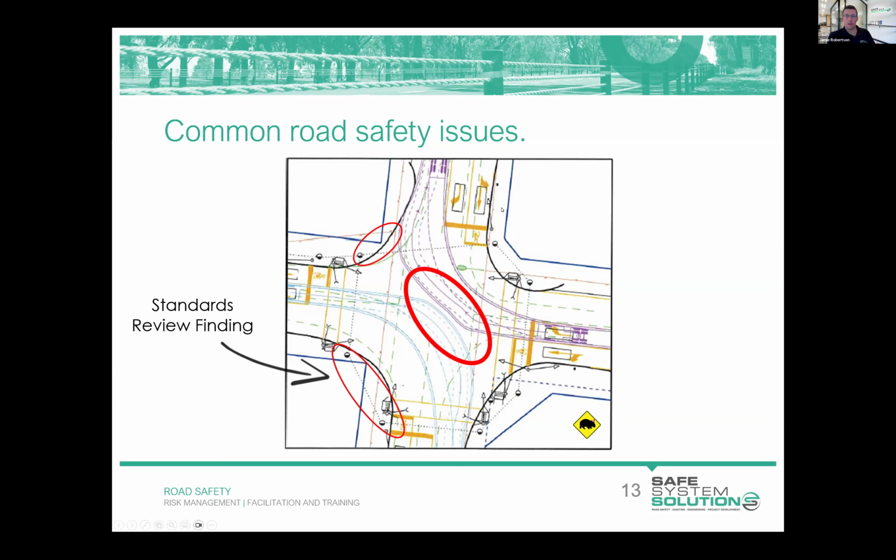That does have a disbenefit in terms of efficiency of the intersection, potentially sight distances and things like that. But you can pull the hold line back.